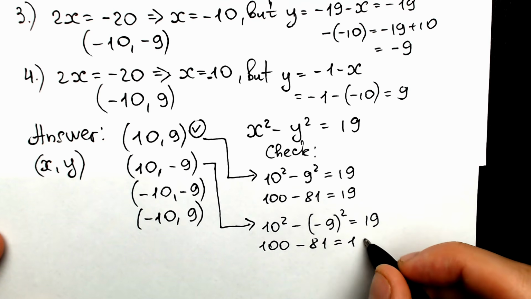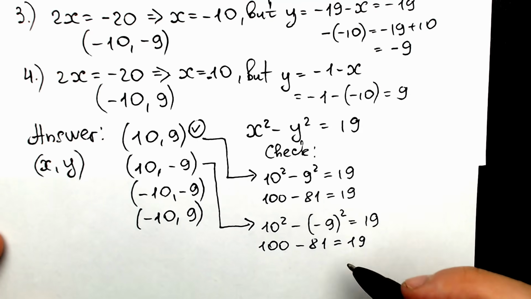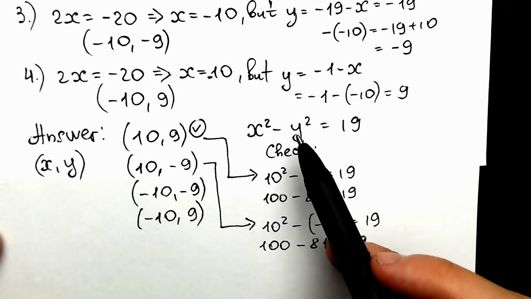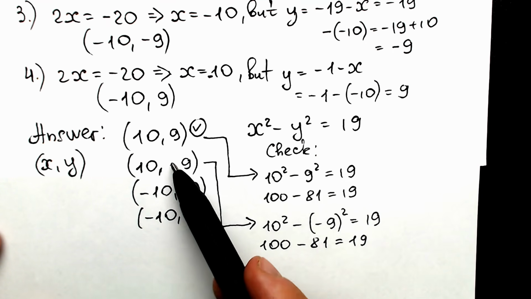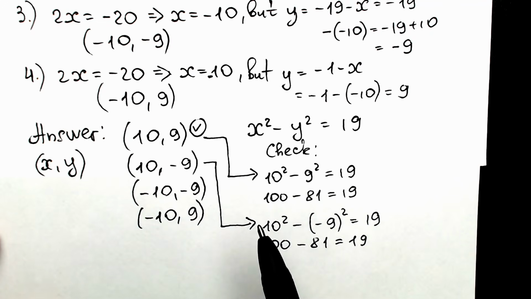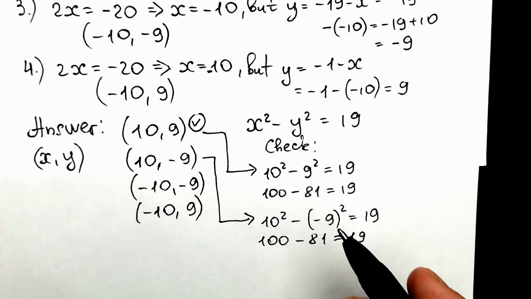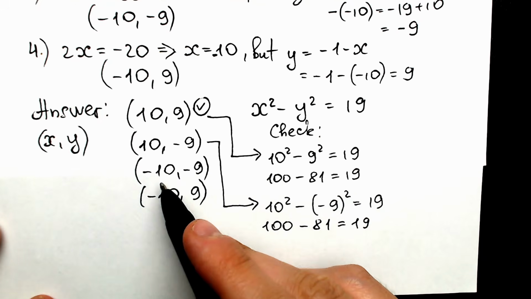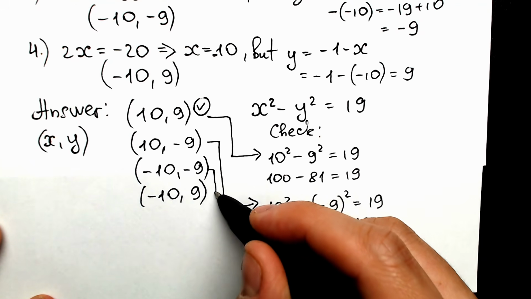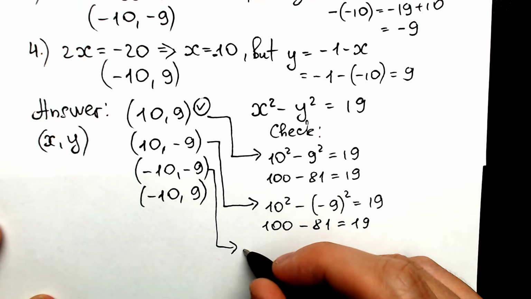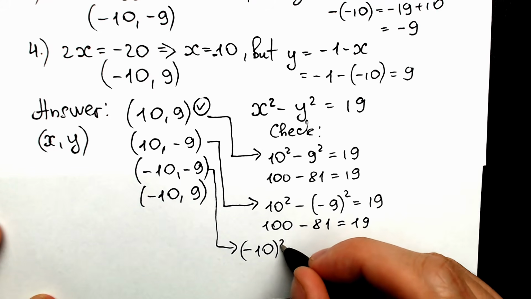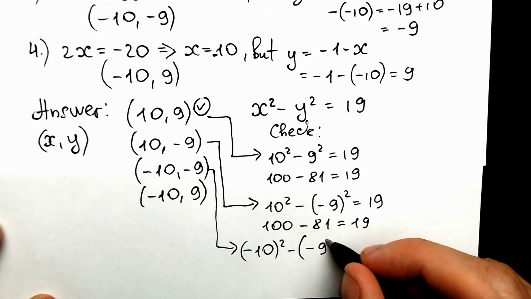So basically we have absolutely the same expression. We have square, so that's why we kind of get rid of this negative sign all the time, and we have only our constant. And in the end, okay, let's check this when both are negative. So we have minus 10 square minus 9 square.